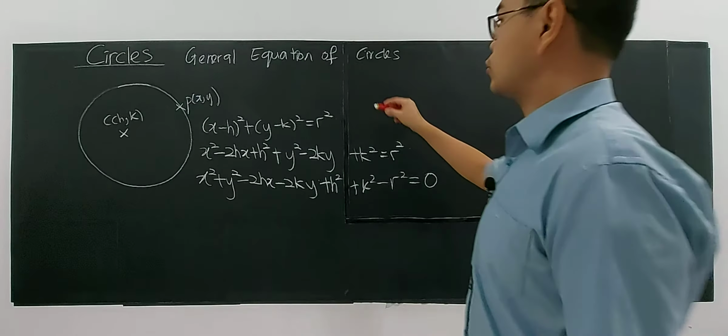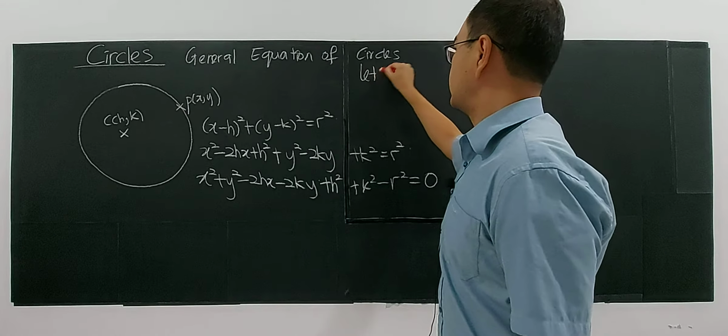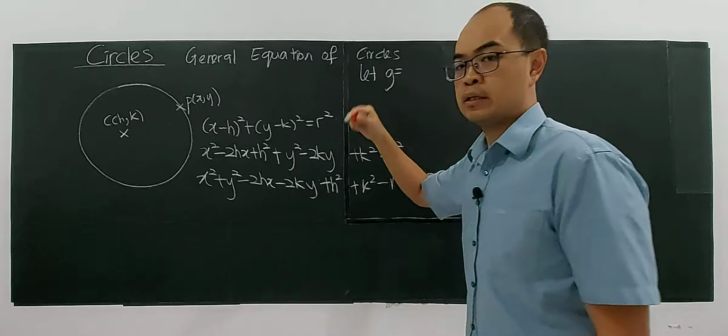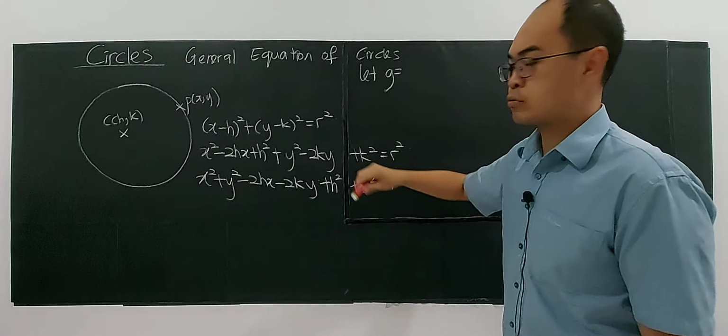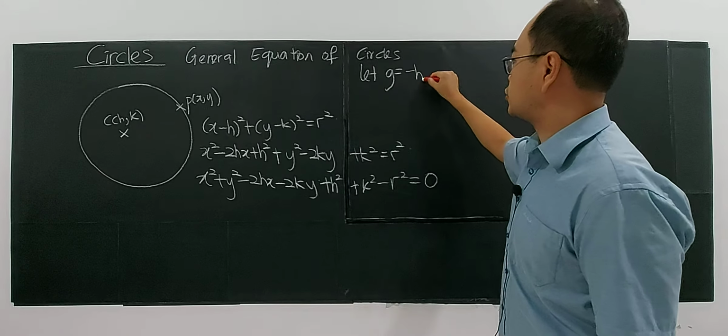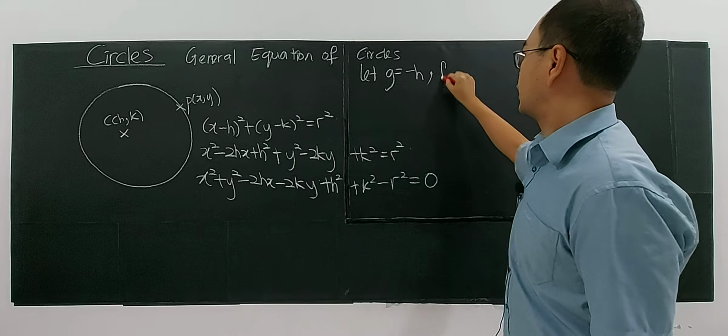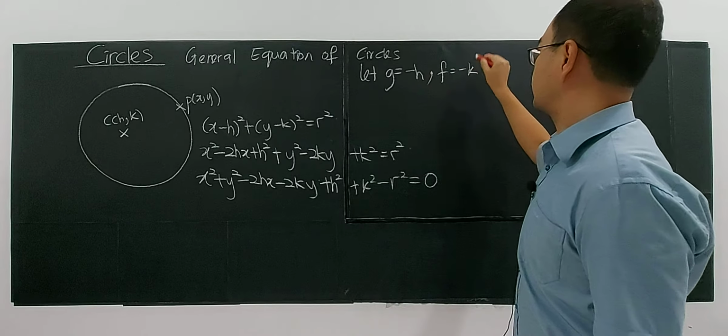So now we're going to transform. We're going to let g, a new variable, a new unknown, modify this equation. We let g be negative h and f be negative k.